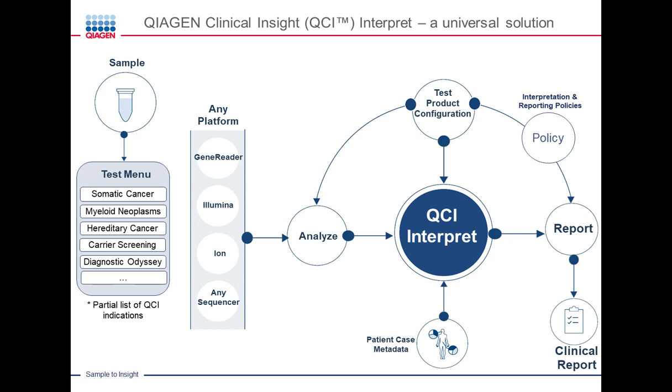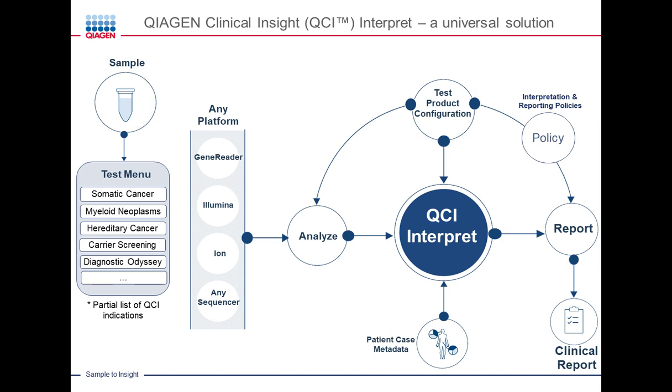And QCI Interpret takes a test product configuration, which is a set of genes or biomarkers, copy number, fusions, whatever you may be looking for in your particular assay, as the input, along with patient case metadata, for example, to enable specific clinical trial matching, so information in a case such as the patient's age and gender, demographic information beyond their diagnosis, for example, as inputs.